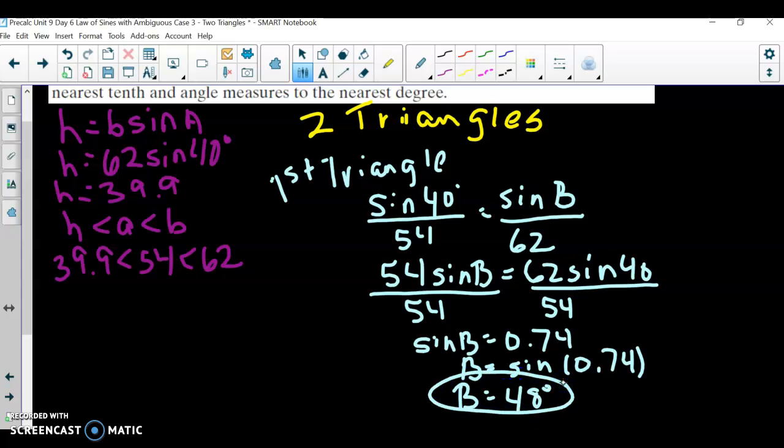Okay. How am I going to get the second angle? You're going to take 180 minus 48.